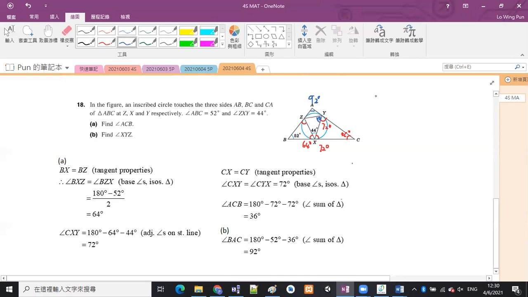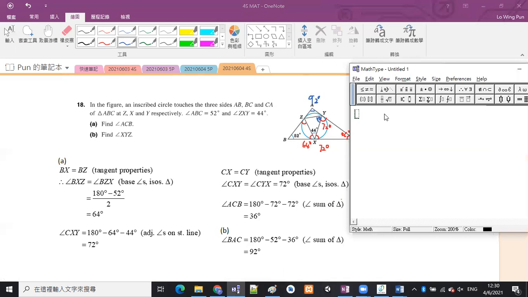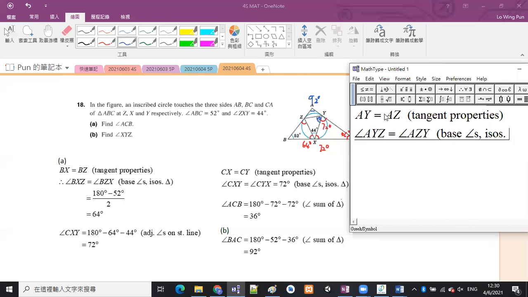But we also know that AY and AZ should be equal to each other. So AY is equal to AZ because of tangent properties again. Therefore, angle AYZ is equal to angle AZY. Base angles isosceles triangle.